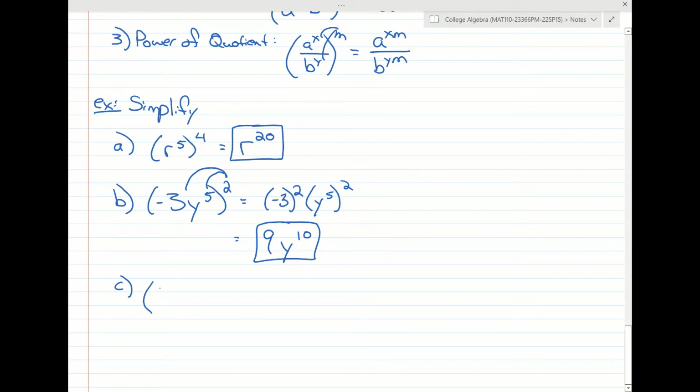What if we had x to the 2nd divided by y to the negative 3rd, all to the negative 2nd power?